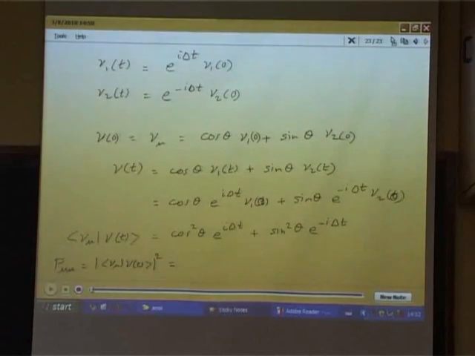So when I mod square this, I get cos to the power 4 theta plus sin to the power 4 theta, plus, when I take the inner product, 2 times cos square theta sin square theta times a cosine of 2 delta t.